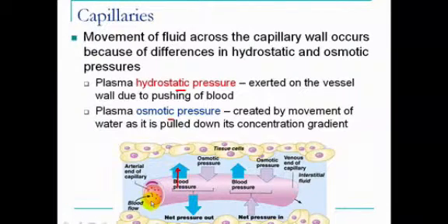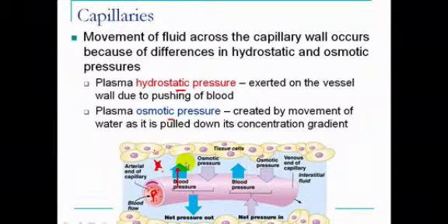So there's a lot more protein in the blood, but you have very little or no protein in the interstitial fluid. So what that means is you always have more solutes in the blood than you do in the interstitial fluid.